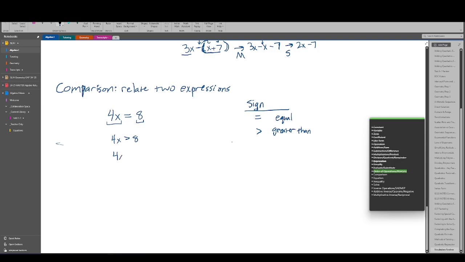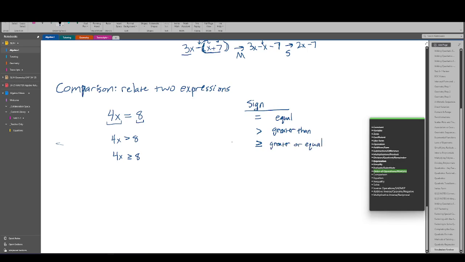If I put 4x is greater than or equal to 8 like that, then that means that the amount on the left is at least as big as the amount on the right. So 4x could be 8, but it can also be anything bigger than 8. So we call that one greater than or equal to.